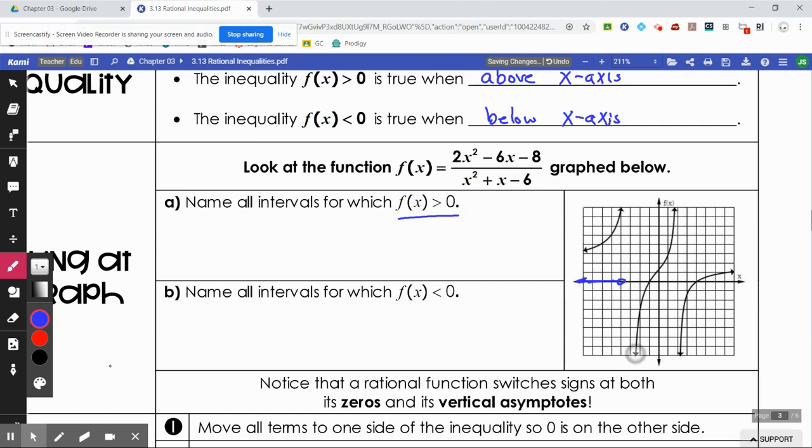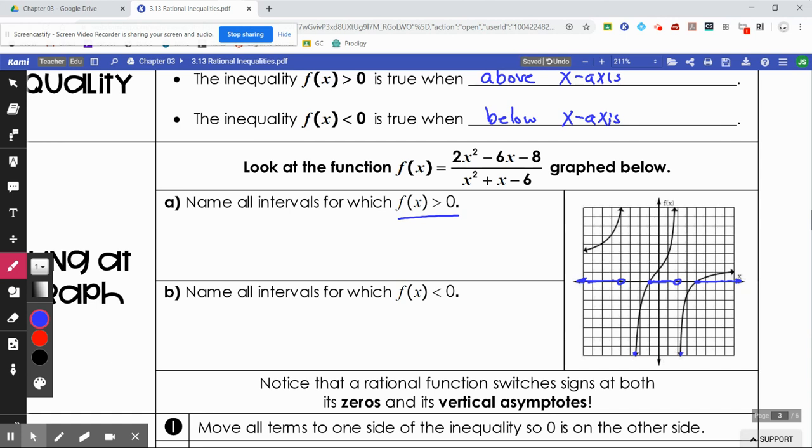Then it jumps below, and it's below everywhere until this point. From there over to this asymptote line, it's above again. Then it jumps back below until it hits here, and then it's above it from there forever.